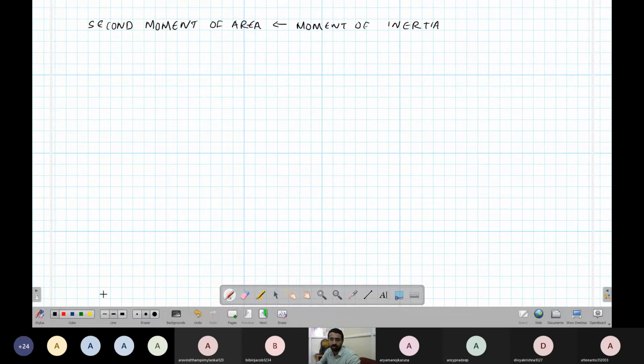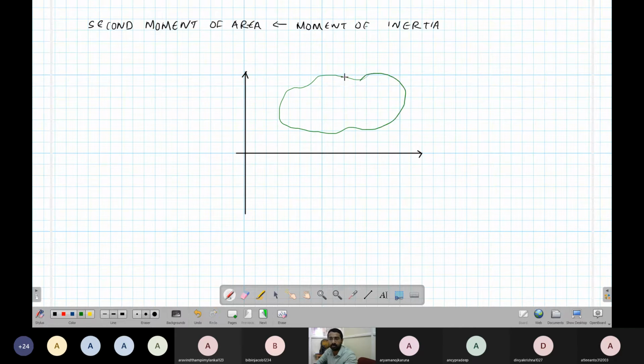So I'll just show you the definition. How is it defined? Let's say I have an axis system, and I have a body here, some random shape. This is my x-axis and this is my y-axis, and this axis can be anywhere.